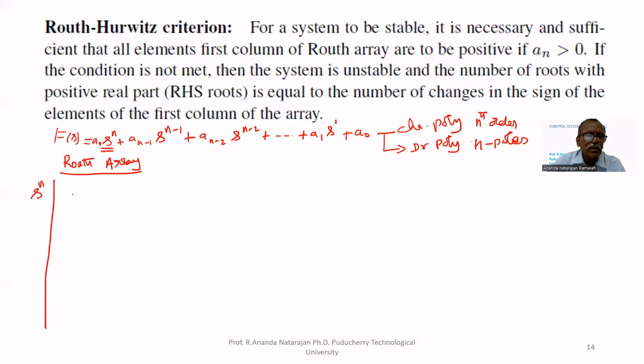The highest degree we have to write: s power n, s power n minus 1, s power n minus 2, s power n minus 3, etc., s power 1, s power 0. For s power n we have to write a n here. Next coefficient a n minus 1. The next coefficient is a n minus 2, a n minus 3, etc., a naught.